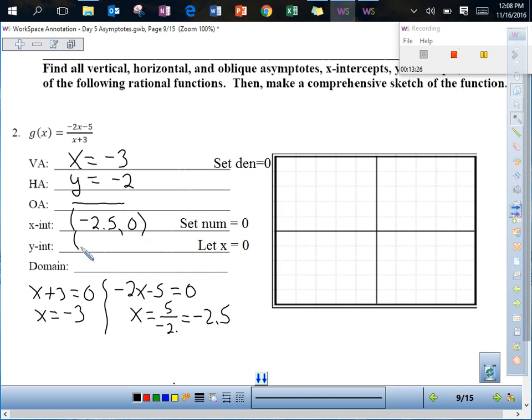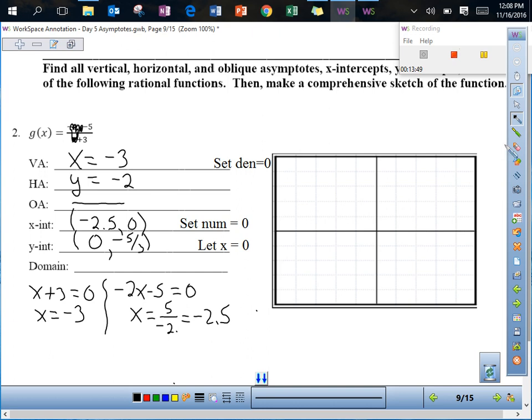To get your y-intercept, let x be 0. And then that's going to totally wipe out all these x's up here. So they're gone. What are you left with? You're left with -5 over 3. So my y-intercept is -5/3. And that's an ugly 3.